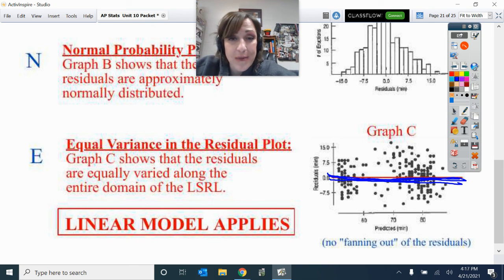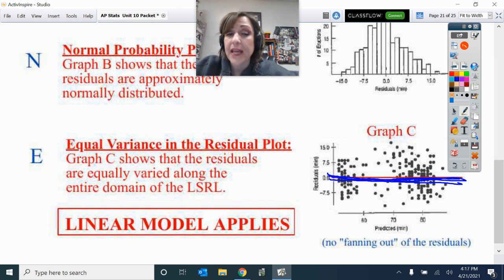You're pretty much just going to be saying that: equally varied on either side of the LSRL for the entire domain. All right, and conclude with the linear model applies. That's a skeleton or an outline of what you're doing every time for your assumptions.